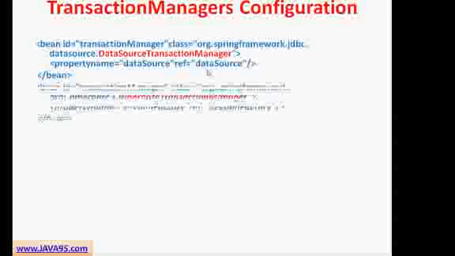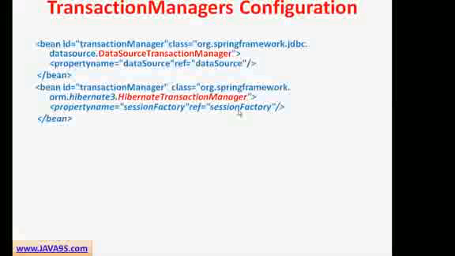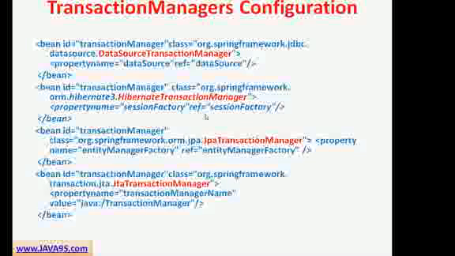In Hibernate, it is a session factory that is responsible for getting a session or a connection. So Hibernate Transaction Manager will look after these things. In the same way, we have JPA Transaction Manager and we do have JTA Transaction Manager.